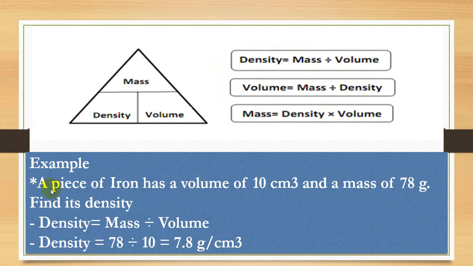For example, a piece of iron has a volume of 10 cubic centimeter and a mass of 78 gram. Find its density. Density equals mass over volume, so the density equals 78 divided by 10. The result equals 7.8 gram per cubic centimeter.